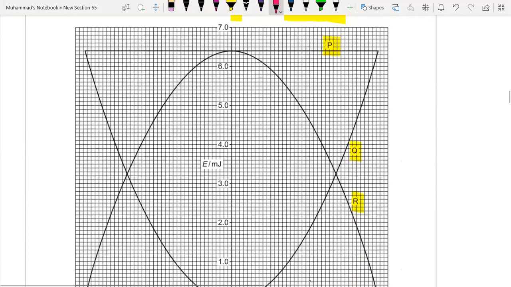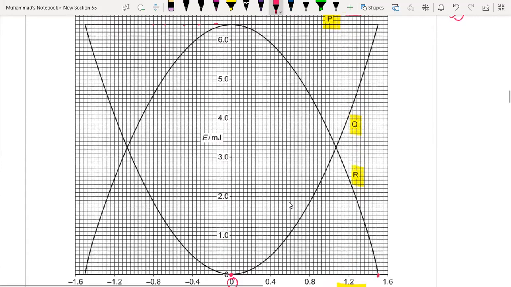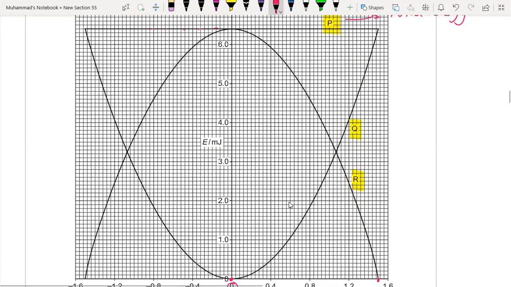So, P represents total energy, that should not change. This is total energy. And the kinetic energy at the mean is maximum. So this R is kinetic energy, and this is potential energy.